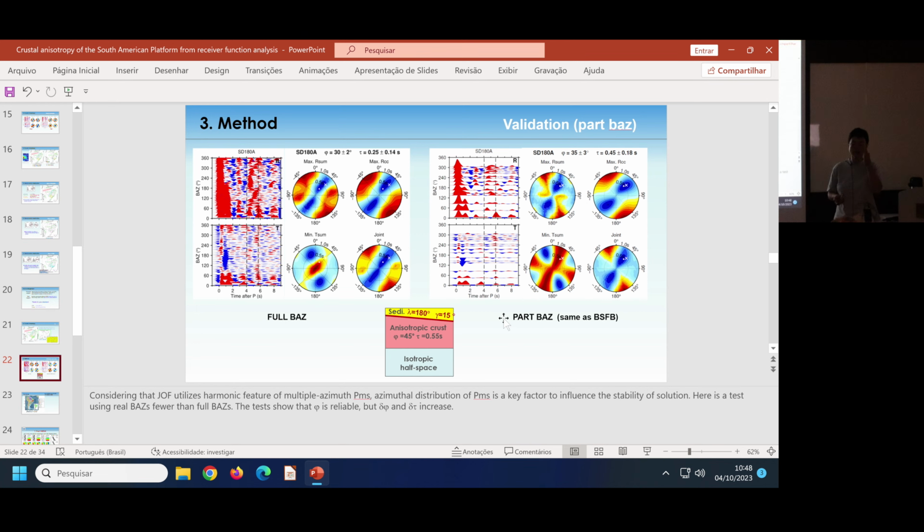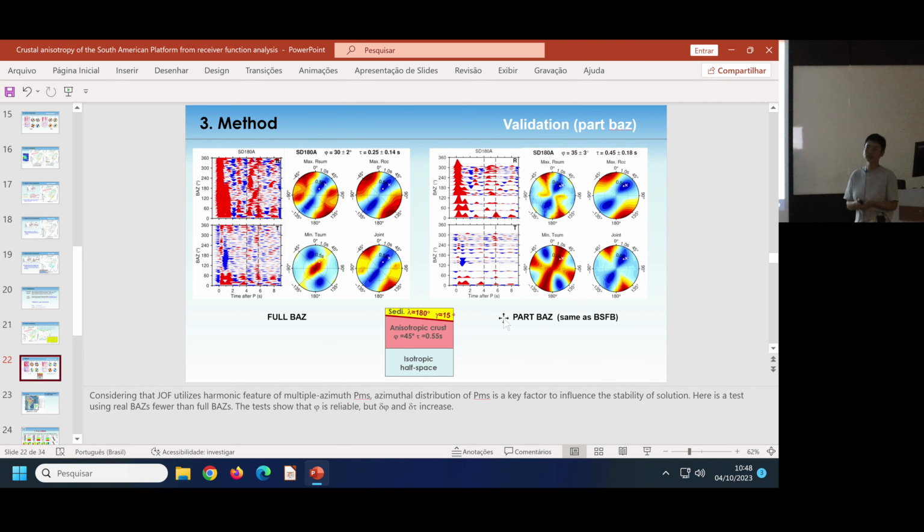Did you see something for USArray, anisotropy for a dense network using not so much time, a little time? Yeah, I know more about studies in China, but they normally work in active tectonic regions like Tibet.